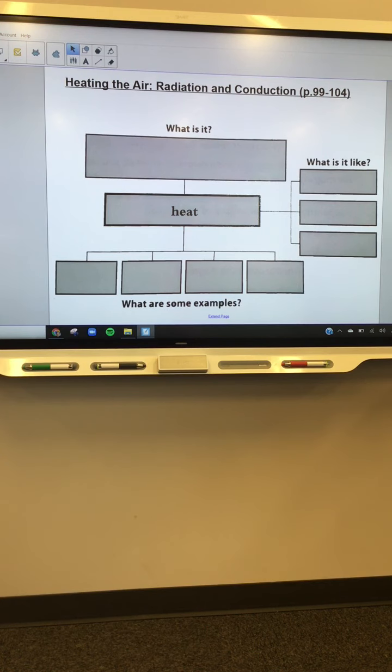Hot, cold, and then give off heat. When something's hot. Wait, heat is not. What should we talk about? This is heat. Heat can transfer from one place to another. It should be on the first page.